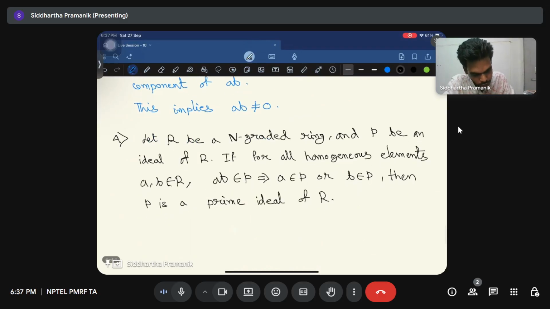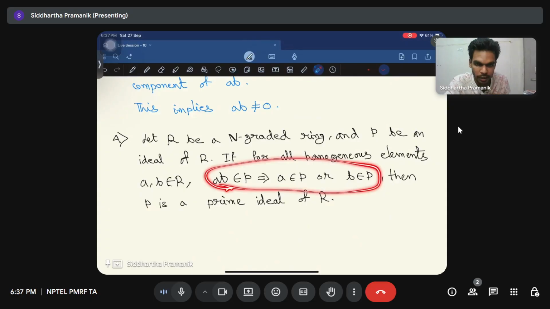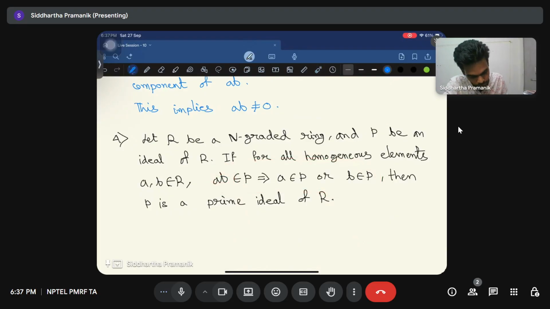Right. So to check whether an arbitrary ideal is prime or not, this is the definition. But we can replace this condition for general elements A, B with homogeneous elements. So let's prove this.